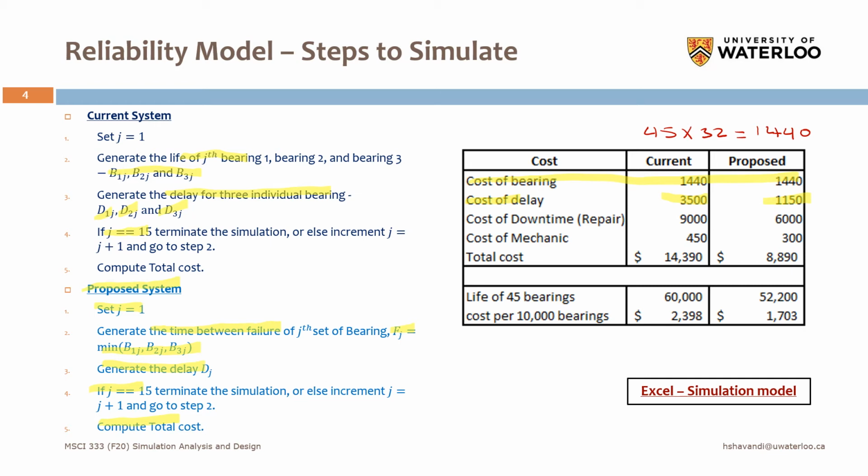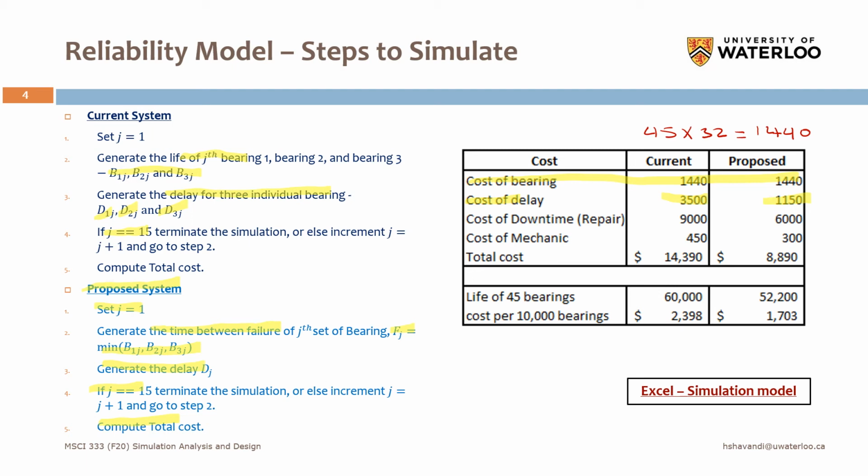I mean, we will call the mechanic 45 times to come to our system and replace one bearing. But in the proposed system, we will call the mechanic just 15 times, and each time the mechanic will replace all 3 bearings. So this is the difference. And as you see here, the main difference between the current and proposed system is in terms of the cost of delay.